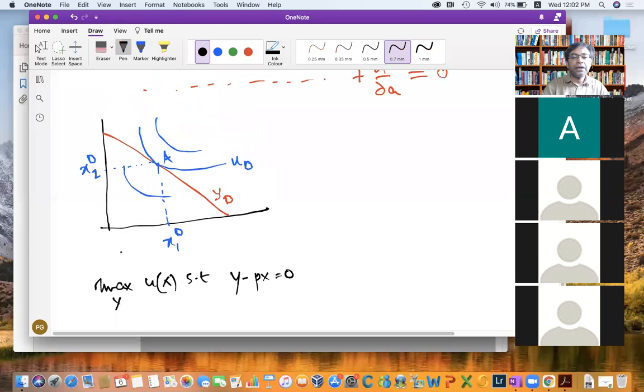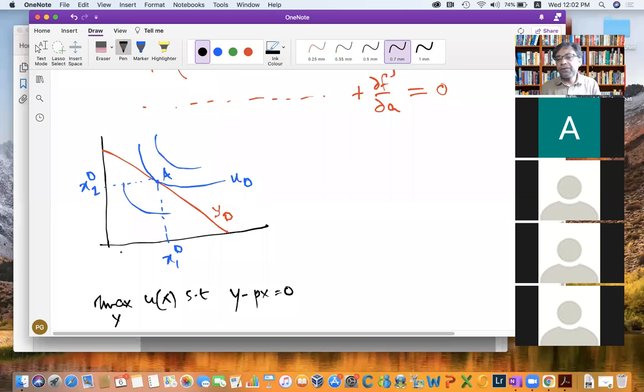Now, think of a different problem where there's no fixed budget, but there's a target level of utility. If you want a story to go with it, think of the government trying to help the poor.